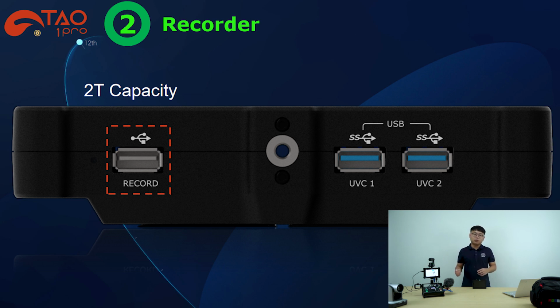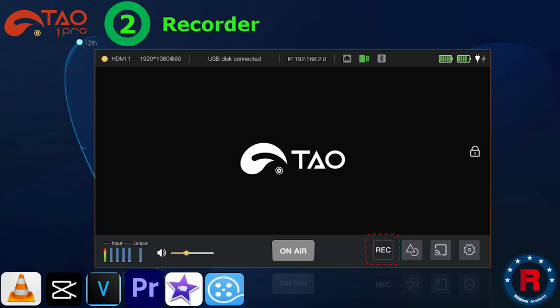And Taiwan Pro supports 2T capacity, which is greatly conducive to long-time teaching and recording. The recorded content can be edited quickly with different software or can be uploaded to the website immediately without editing. It's convenient for students to quickly review and learn.